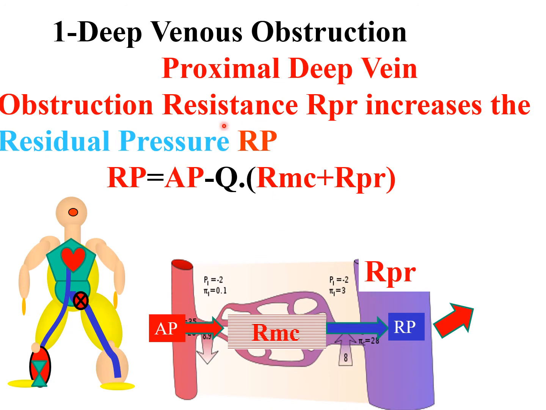The obstruction increases the resistance, and so it increases the residual pressure, because the residual pressure is equal to the arterial pressure less the resistance to the flow and the resistance of the microcirculation.